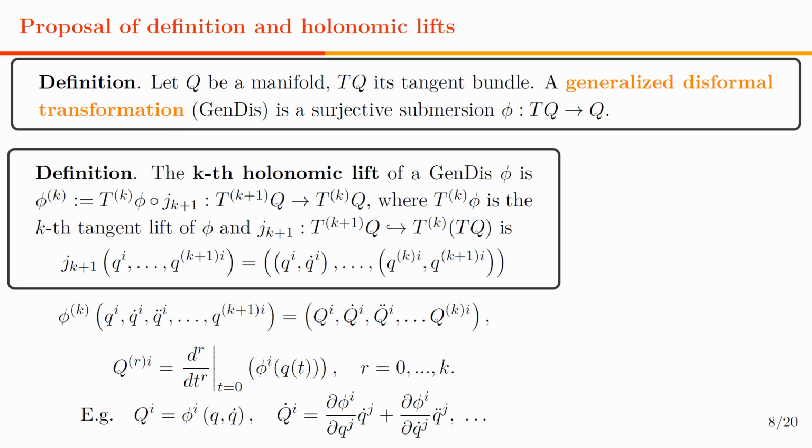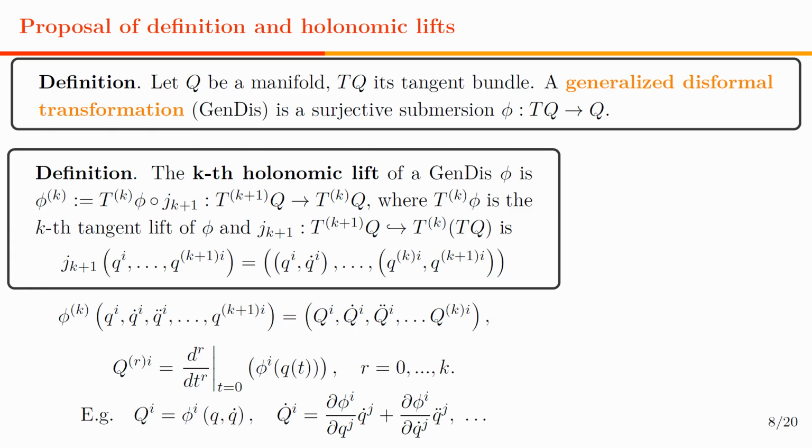We want to define the analog of the prolongation lift that I introduced in the previous slide, namely the map that in coordinates is just given by the total time derivative of our GDT. Here you can see the intrinsic definition in terms of the tangent lift defined in the previous slide, T^k phi, and the canonical inclusion of the (k+1)-th tangent bundle into the k-th tangent of the tangent bundle.